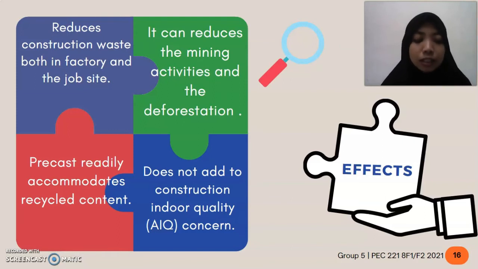The long spans of precast members help eliminate redundant structures, and precast readily accommodates recycled content. So for the second point, we'll continue by Diana Madina, and that's all from me.